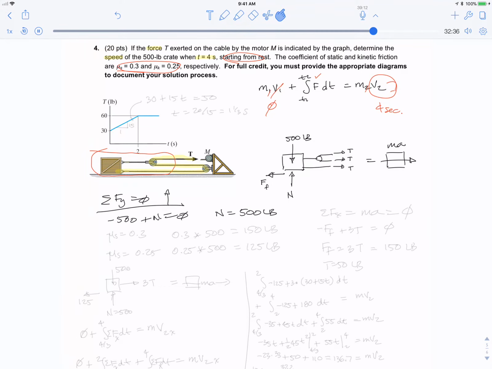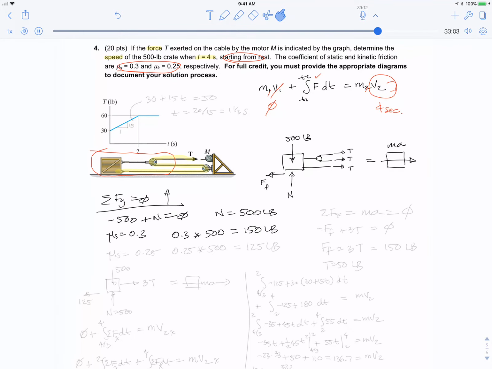And so the static coefficient of friction, mu static, is 0.3. So up until the force is 0.3 times N, which is 0.3 times 500, 150 pounds, it won't move.